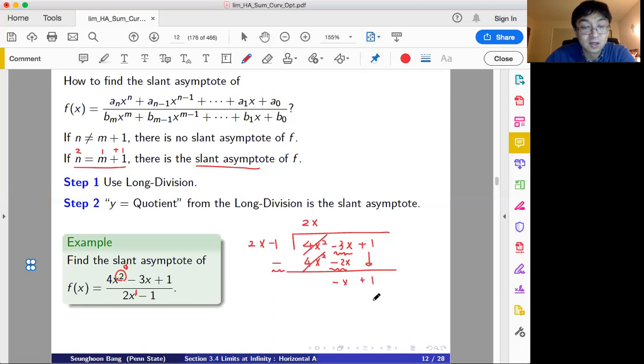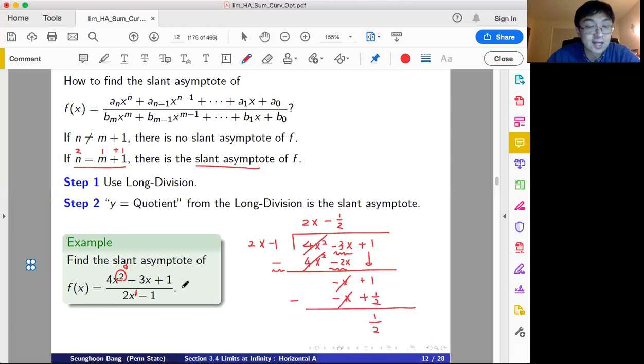So like this. How can you make minus x from the 2x? You can multiply by minus 1/2. Minus 1/2 times 2x is negative x. Minus 1 times minus 1/2 is plus 1/2. Subtract again. X is cancelled. 1 minus 1/2 is just 1/2.